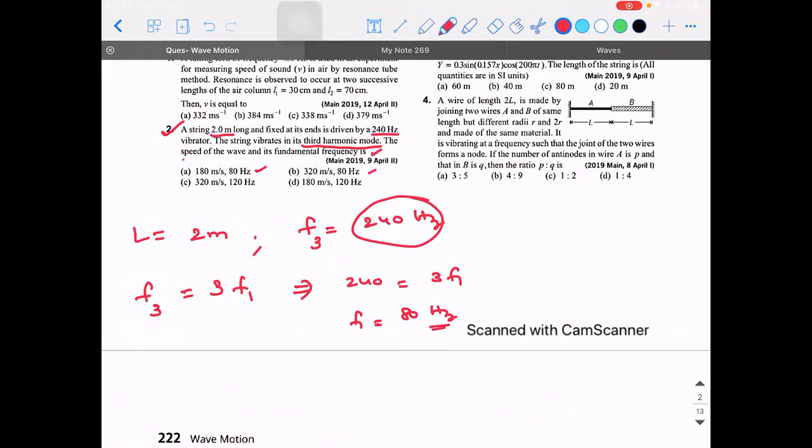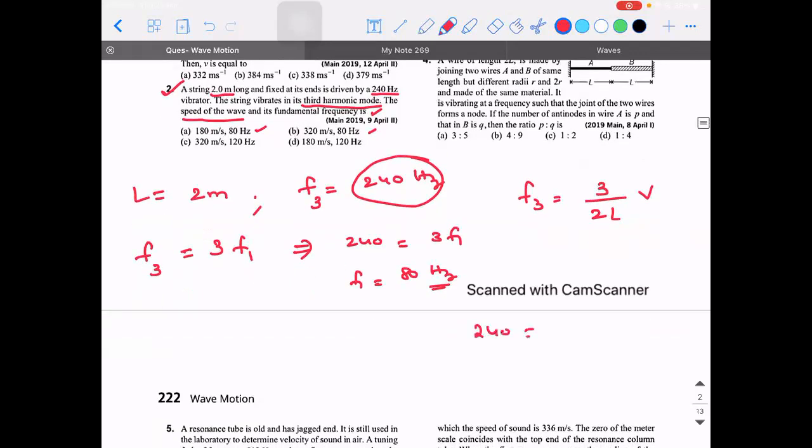Since they're saying the speed of the wave, my guess is the answer should be B, because the speed of sound is 320 meters per second. But let's try to find it out. F3 has another formula: 3 divided by 2L into V. You need not use root T by mu.